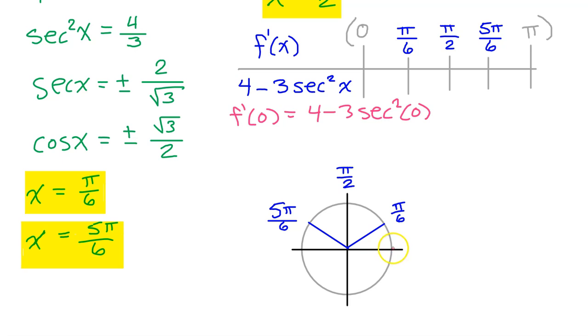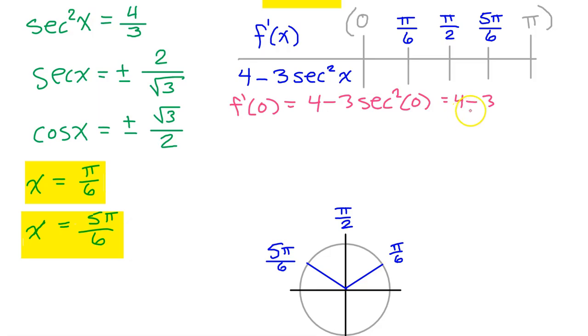So cosine is 1, and secant is the reciprocal of that. The reciprocal of 1 is still 1, and 1 squared is 1. So basically, secant squared 0 is 1. So we are left with 4 minus 3, which is positive. So f prime is positive in the first interval.